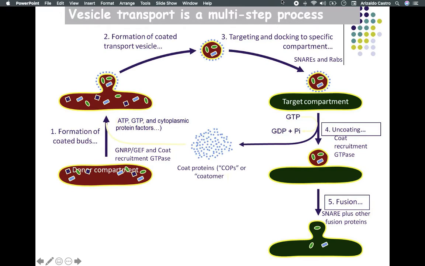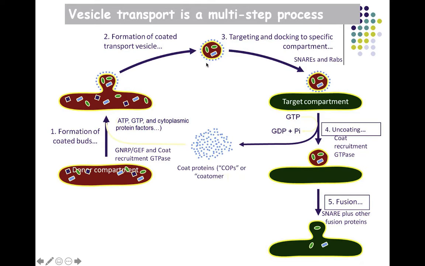Okay, and the coat proteins will dictate where the transport vesicle will be delivered, no? Kung ano yung kanyang magiging recipient compartment or the target compartment. So, originating donor compartment, target recipient compartment.